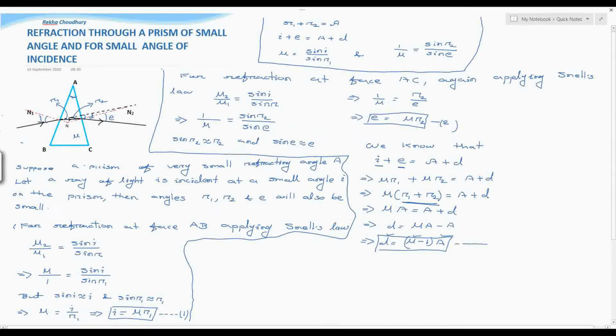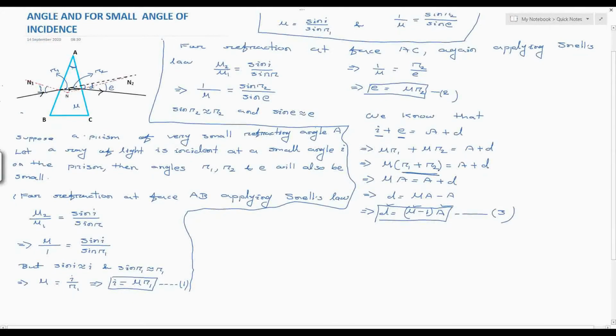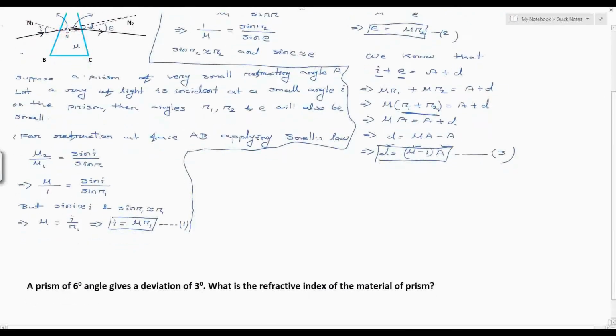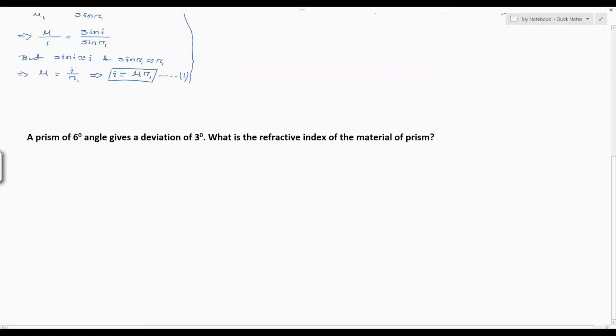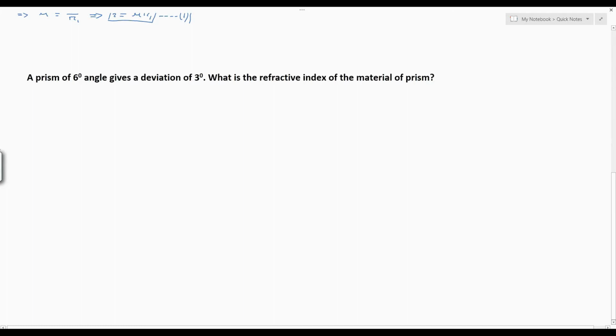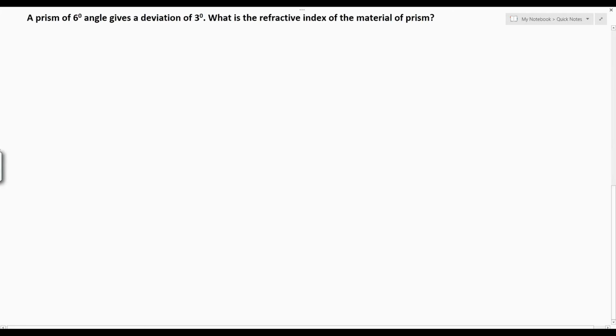Now let us solve a numerical. So here is a numerical. A prism of 6 degree angle gives a deviation of 3 degree. What is the refractive index of the material of prism?